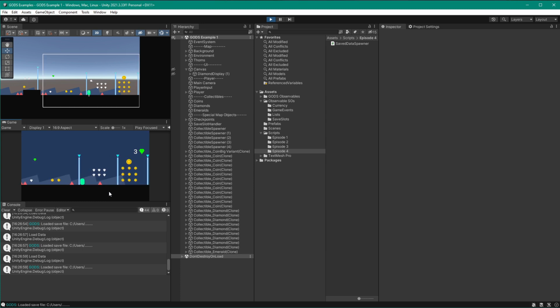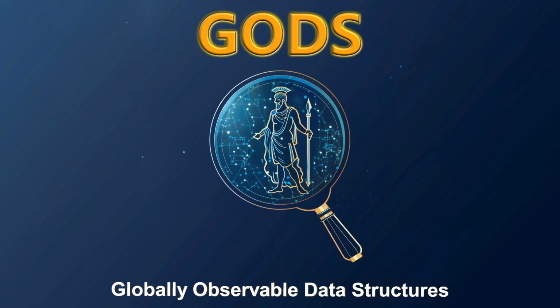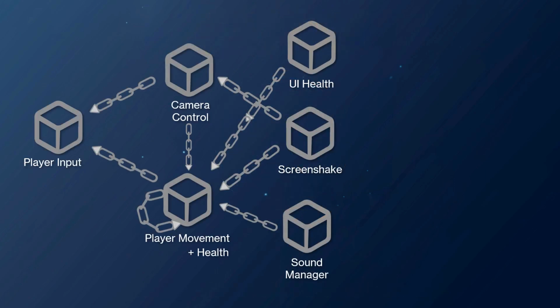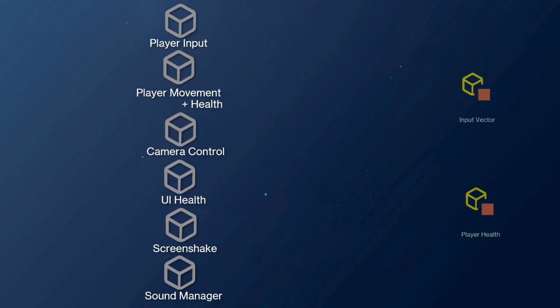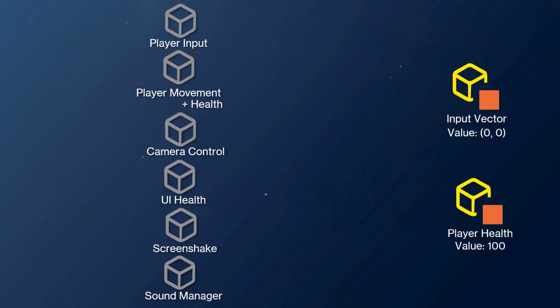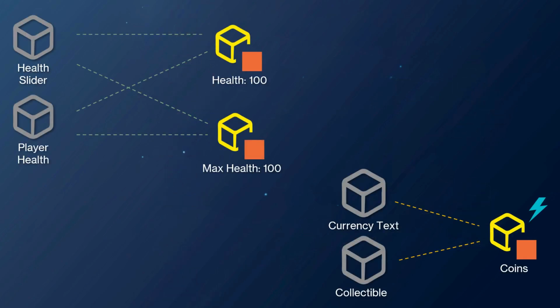And with that, we are reaching the end of this series for now. To recap, in the first episode, we discovered how we can use observable variables to decouple our game objects by only referencing the values we actually need. In the second episode, we added the player health and collectible currencies, and we made use of the event systems on our observable variables to update the visuals of these objects only when necessary.